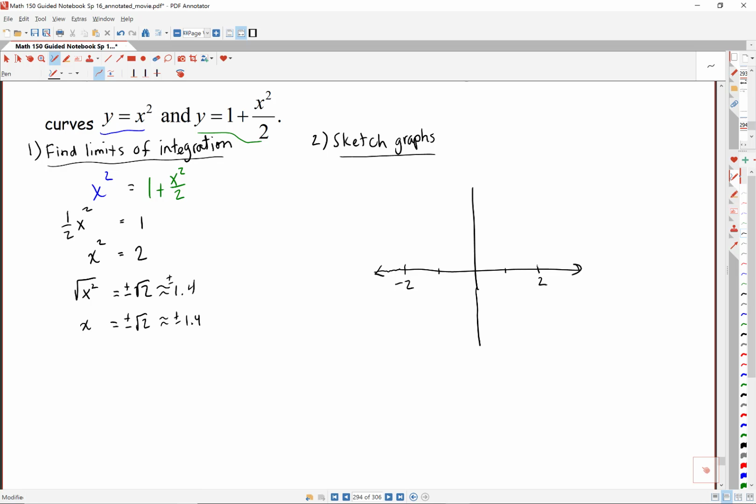When we graph this guy, we know we'll have an ordered pair at 0, 0, and then at, let's go here to 2, -2, and we'll have an ordered pair at negative root 2, 2, and positive root 2, 2. Okay, so we'll have this guy and this guy.